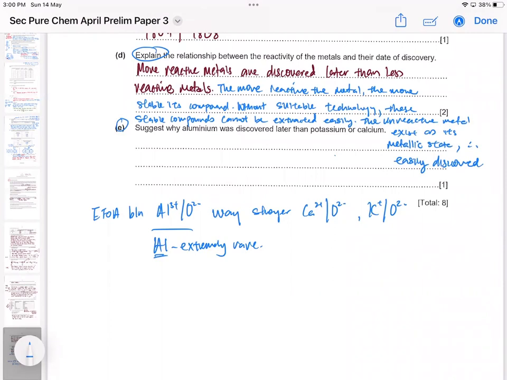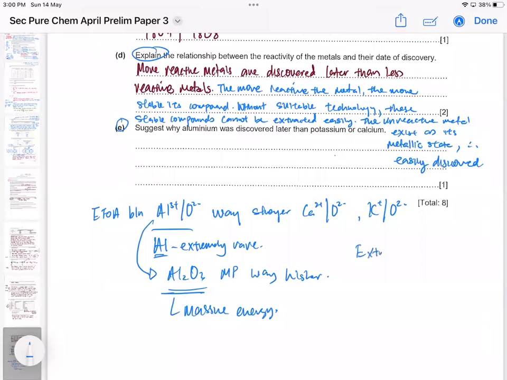So now the problem is, this actually makes aluminum oxide have a melting point that is way higher. That means to extract this, you need a massive amount of energy. Because remember, they are all extracted by the electrolysis of their molten oxide.